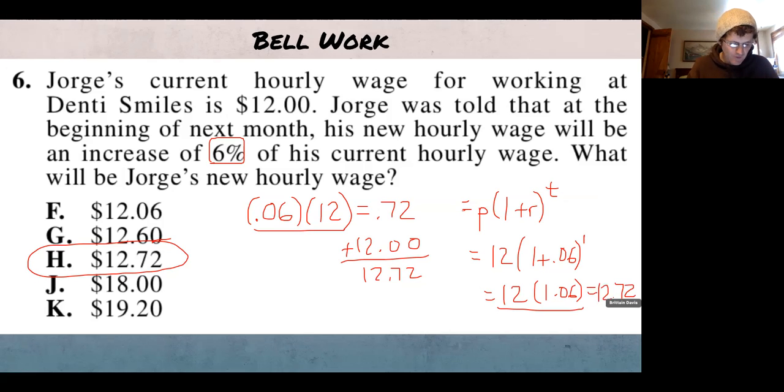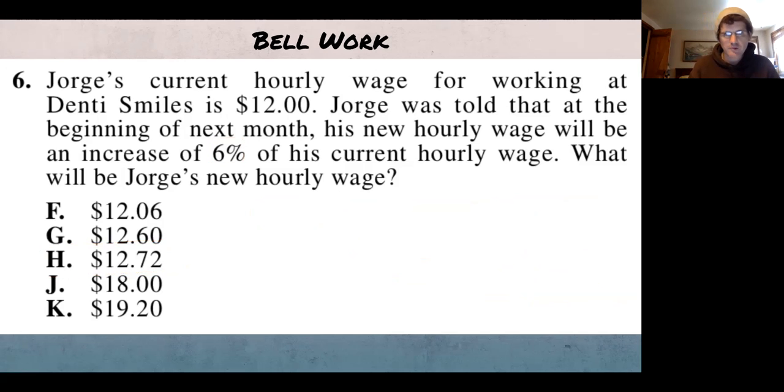And then the last way of looking at this, I'm not saying there's a best way, but one other way you could look at this is in terms of proportions. If he is going to earn 6% more, so he's currently earning 12, and he's going to earn some new amount. So 12 over this equals, well, this represents 100% of what he's currently making.